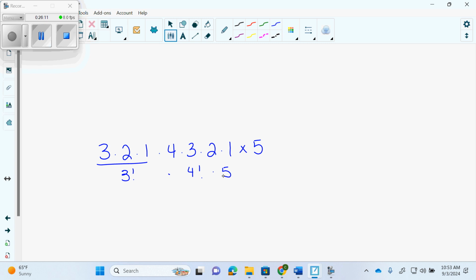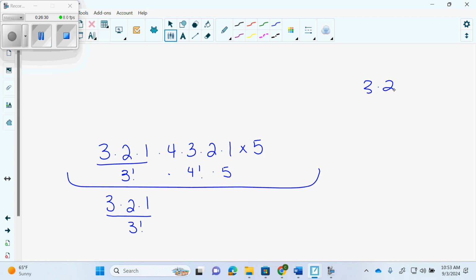Because can I rearrange this? Can I go 3, 2, 1, which is 3 factorial, we all agree, correct? Can I reorder this 4, 3, 2, 1 times 5? Can I rewrite it as 5, 4, 3, 2, 1? Multiplication, can I move multiplication around? Can I go 3, 2, 1, 1, 2, 3, 2, 1, 3, 1, 3, 2.